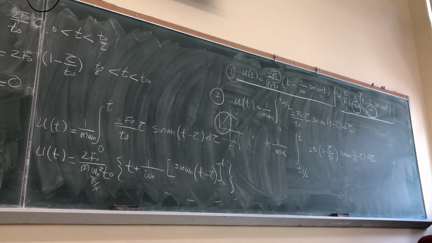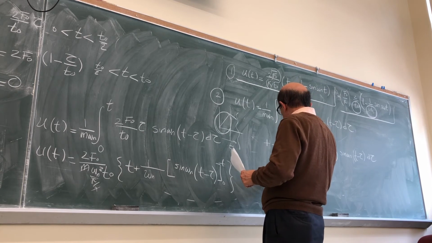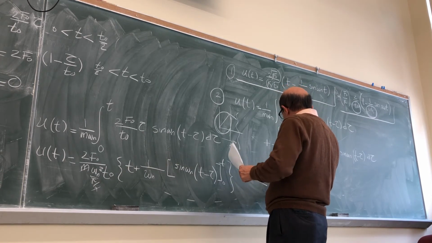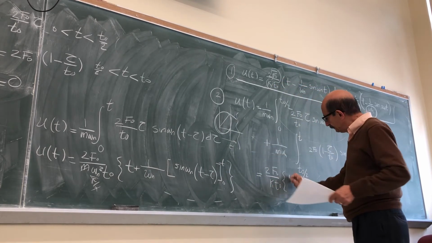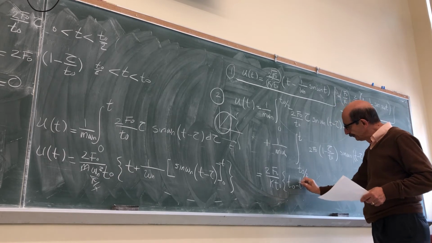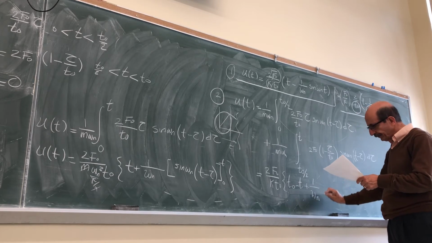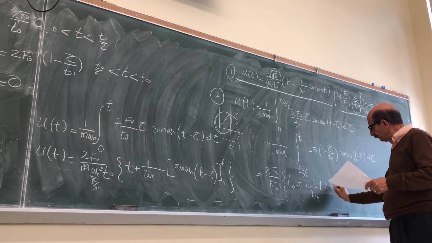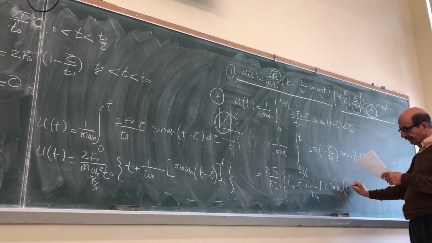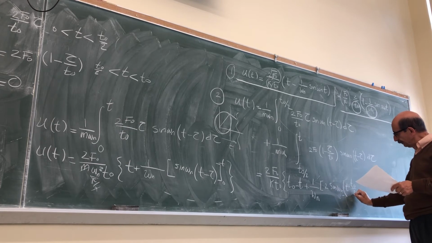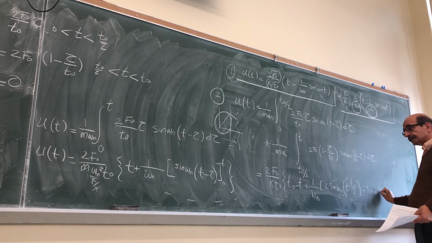Again, as you can see, of course, this is quite involved, and using those tables, you see that this would become 2f0/k t0 times (t0 minus t) plus 1/⍵n times (2 sine ⍵n (t minus t0/2) minus sine ⍵n t).